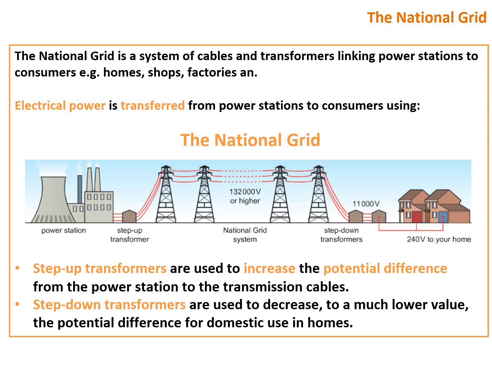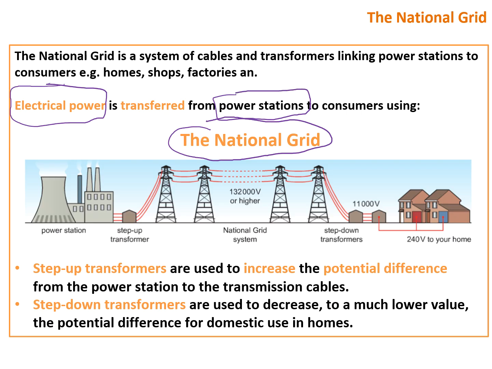Last couple of bits. The national grid. The national grid is how we send all the electrical power from power stations all around the country. A step-up transformer increases the potential difference.